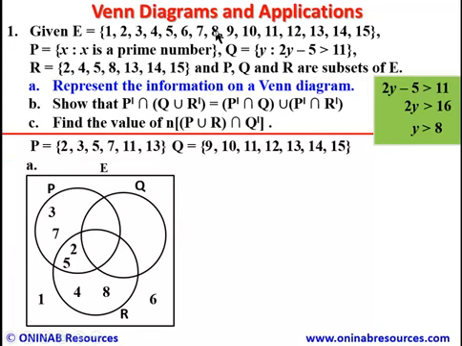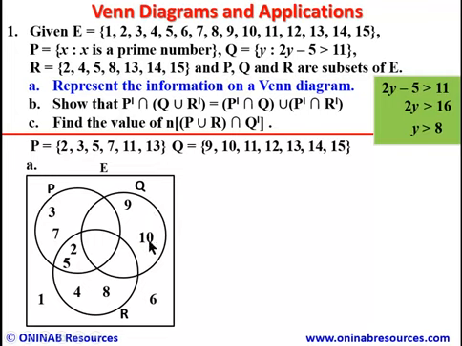And we have 9. 9 is not in R, 9 is not in P, but it is in Q. So it is Q only. This is the region where we have Q only. And 10 is not in R, 10 is not in P, it is in Q only.